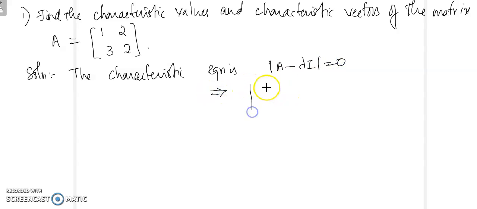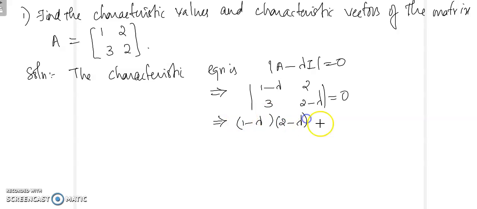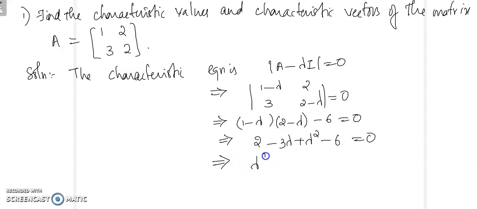So that is the determinant of [1 minus lambda, 2; 3, 2 minus lambda] equal to 0. So that gives (1 minus lambda)(2 minus lambda) minus 6 equal to 0. So you will get 2 minus 3 lambda plus lambda square minus 6 equal to 0. So the equation is lambda square minus 3 lambda minus 4 equal to 0.